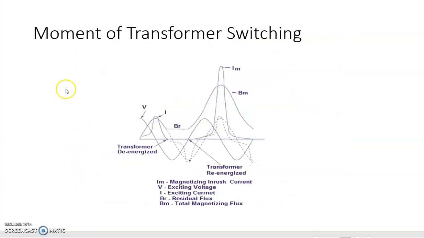A clear picture showing the moments of transformer switching is the waveform of the voltage, the waveform of the current, and the transformer getting de-energized over here, and then there is a sudden peak in this current, and this I is actually the exciting current. Phi m is total magnetizing flux, phi r is residual flux. So these are the different switching phenomena of the transformer. We are going to discuss the different types of currents in detail.